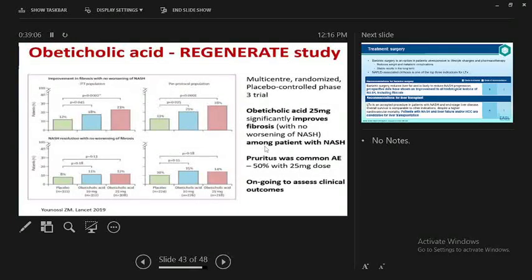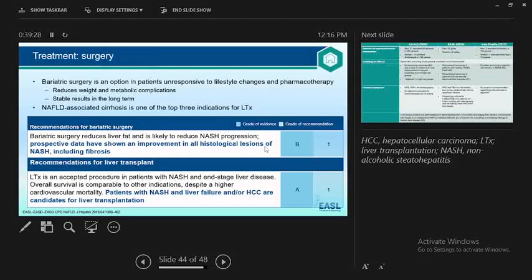However, the main problems with obeticholic acid are pruritus and the cost. So usually what we prescribe is 10 mg. It works, but we can go up to 25 mg. But it costs maybe 500 to 700 rupees per day, maybe more than that.